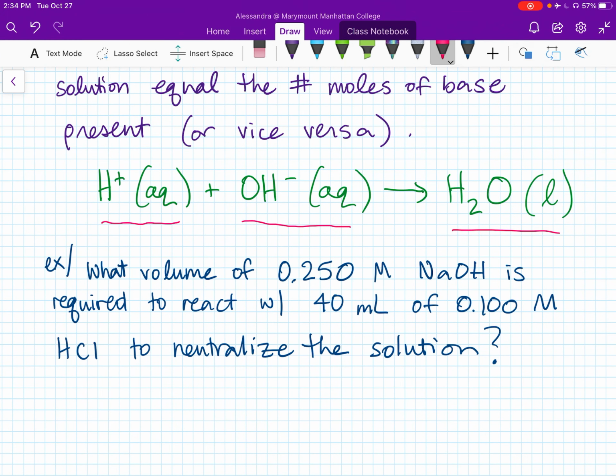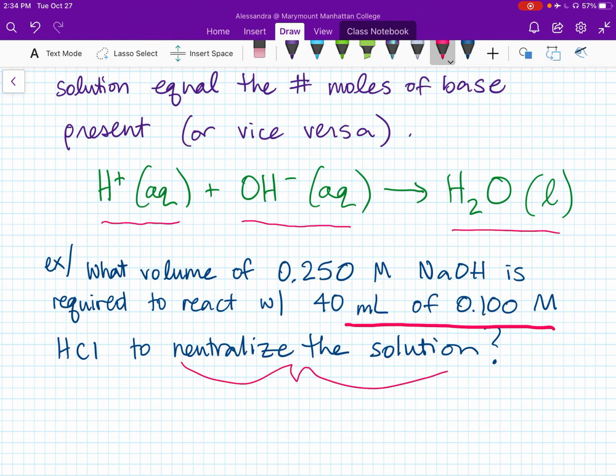For example, what volume of 0.250 molar sodium hydroxide is required to react with 40 milliliters of 0.100 molar HCl if we want to completely neutralize the solution?